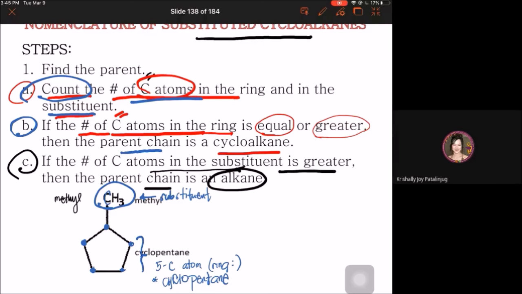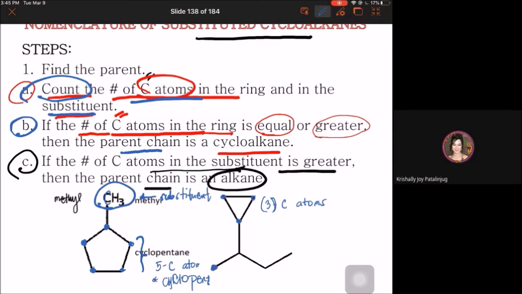May it be propane, pentane, butane, whichever has more carbon atoms. Let's say for example in this illustration, compare the number of carbon atoms in the ring. In the ring, there are only 3 carbon atoms.